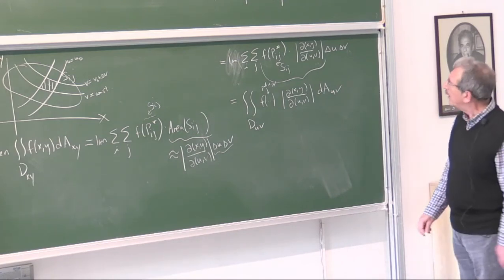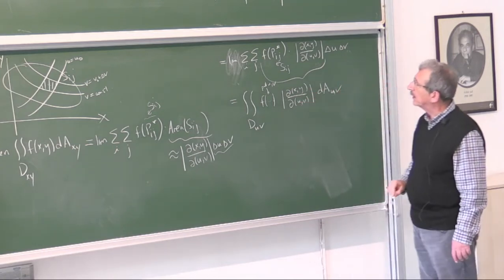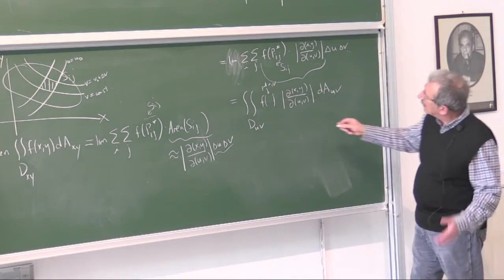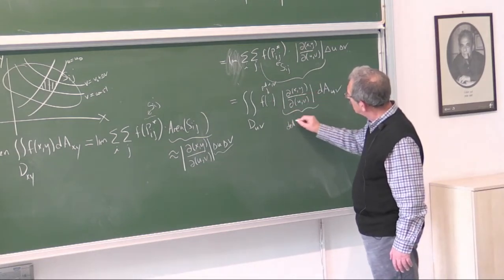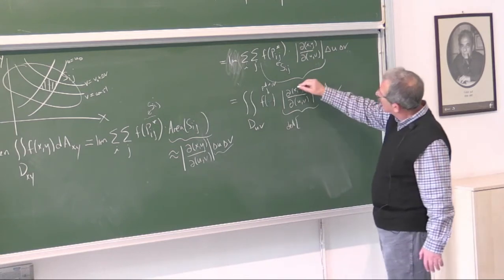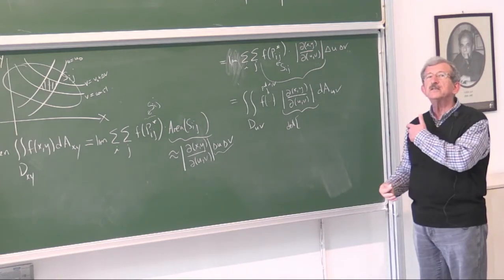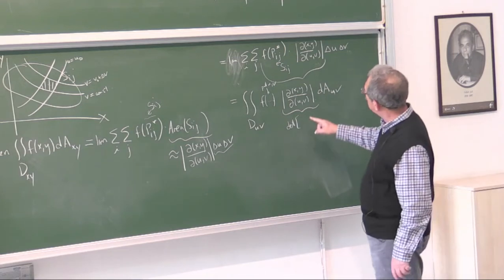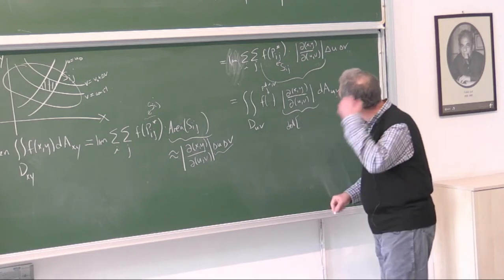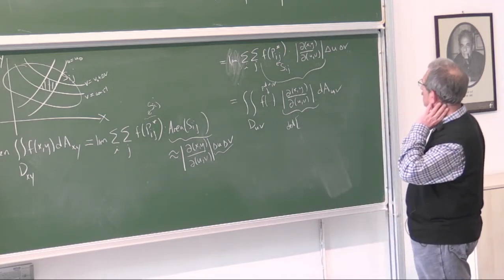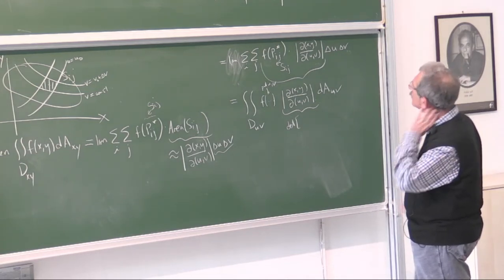So what happens now? This absolute value of this determinant can be very simply written as the determinant of the matrix where x's and y's are differentiated with respect to u's and v's.